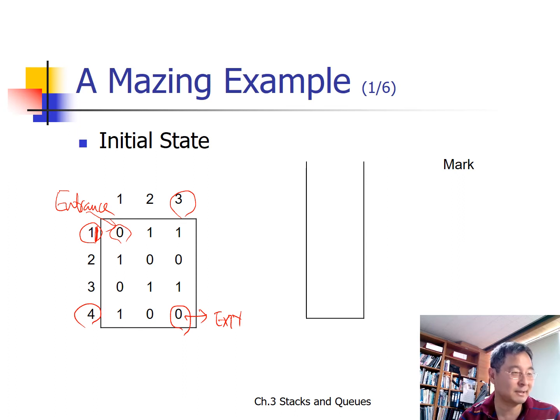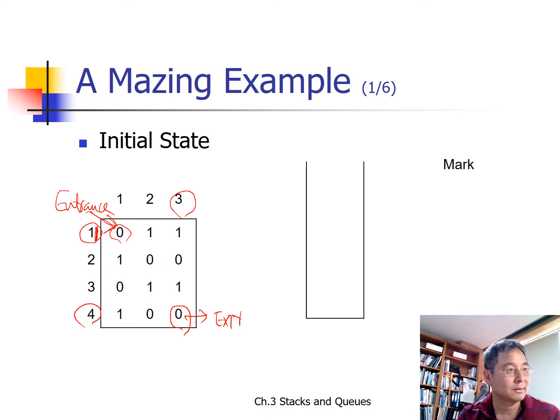It is possible because this is a very simple example, but if the maze is a large one, you cannot do it by hand. So we can design it with the previous solution, and also we can implement it in computer programs.